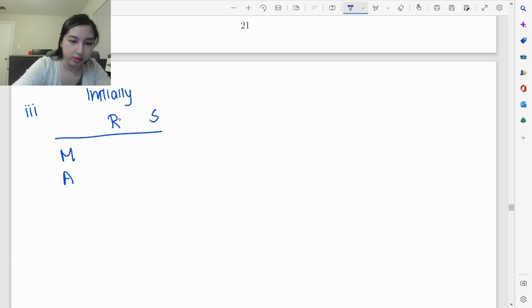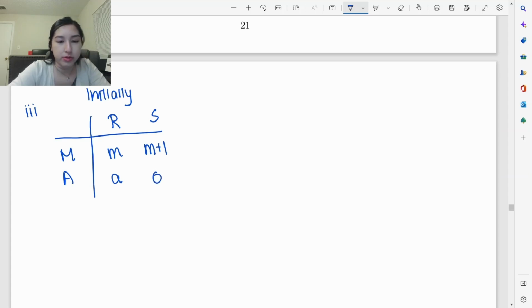If it was rainy and Miriam ate some M amount, then the next day Miriam would eat M plus 1. Adam would eat some A amount, and the next day he could eat 0. So the total would be 2M plus 1, whereas this one is still A.